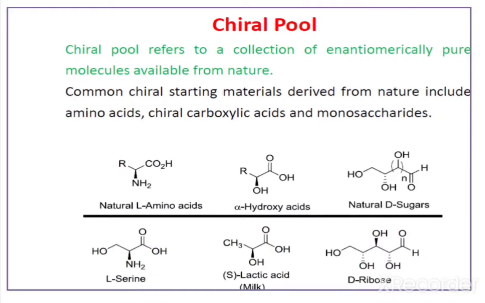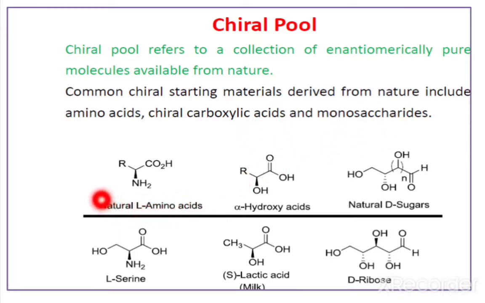First, chiral pool. Friends, the chiral pool refers to the collection of enantiomerically pure molecules that is available in nature. And the common chiral starting materials derived from nature include amino acids, chiral carboxylic acids, and monosaccharides.